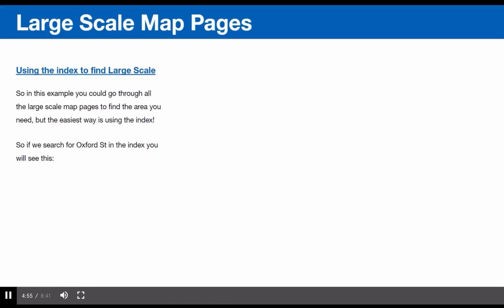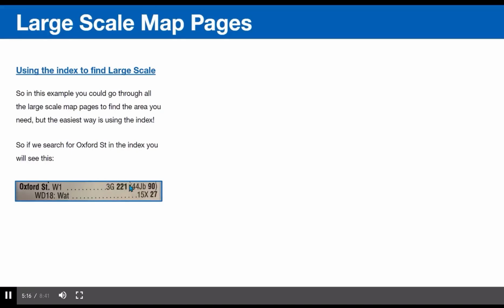If we find Oxford Street in the index, you will see this. W1 is the postcode, and the other information next to it is regarding the grid reference and the page numbers.